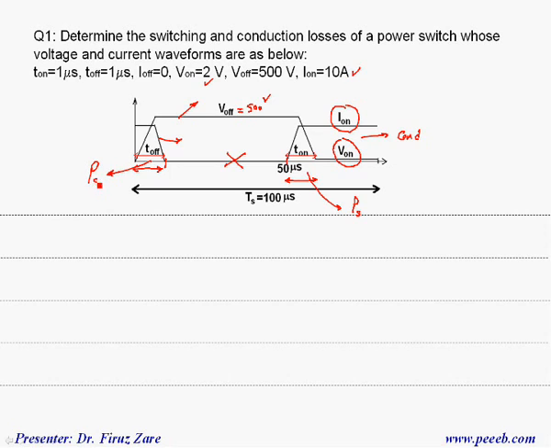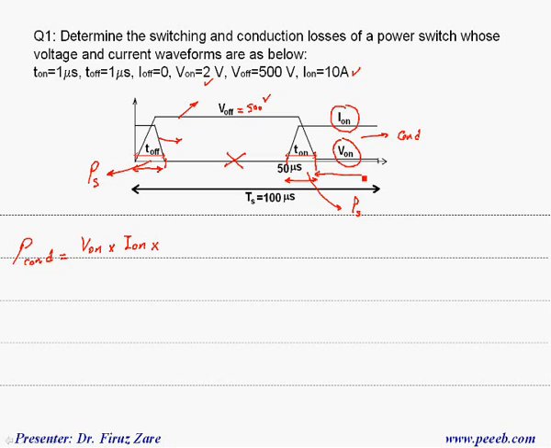So let's start with conduction loss. To find the conduction loss, we need to basically multiply the voltage across the switch with the current through the switch, and over the time, which is basically this time.